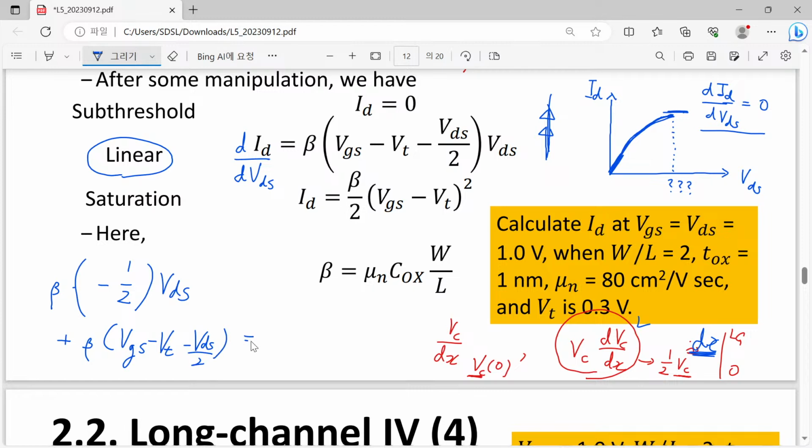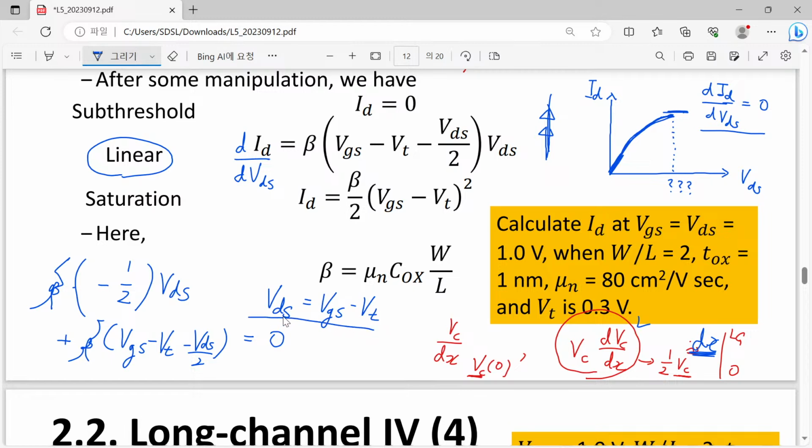And when that is equal to 0, this beta can be eliminated, and this condition is satisfied when VDS equals VGS minus VT.